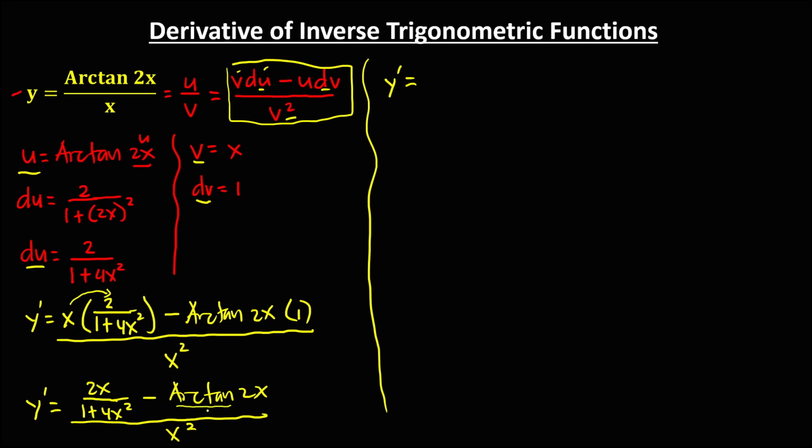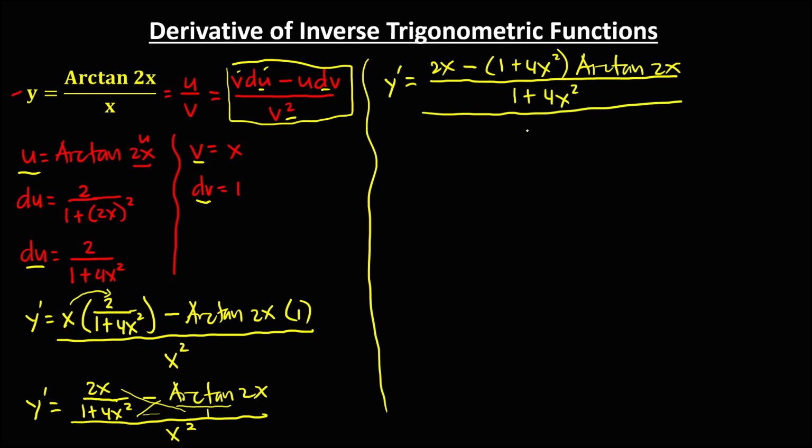This is 2x over 1, so multiplying, 2x, then minus 1 plus 4x squared times arctan 2x, over this denominator 1 plus 4x squared, all over this x to the power 2.